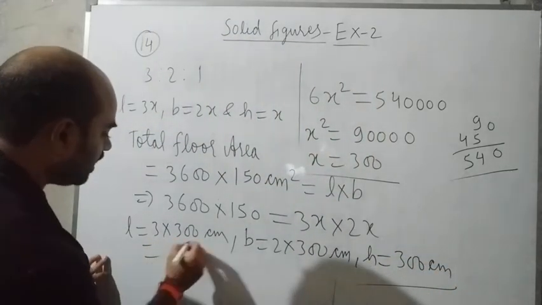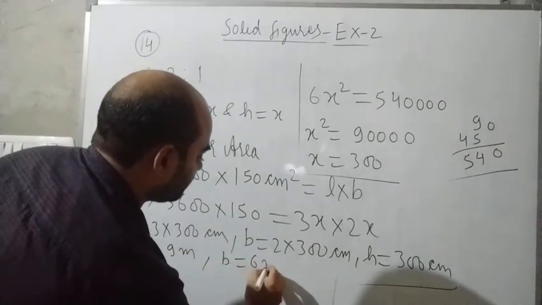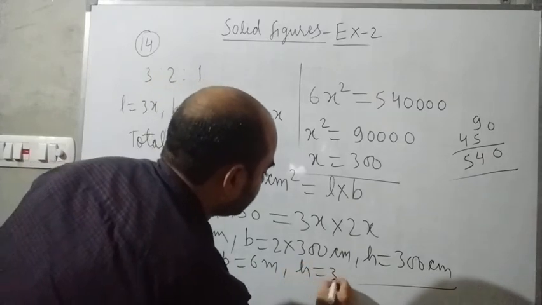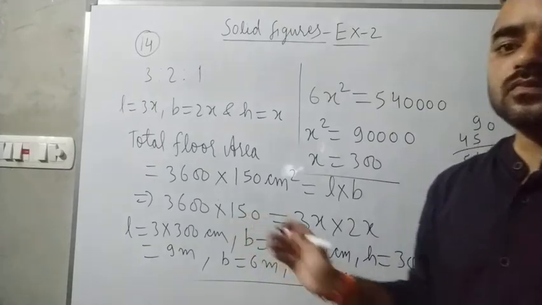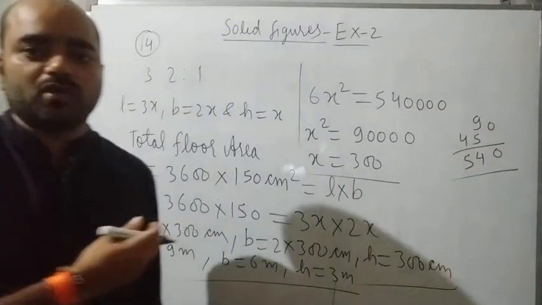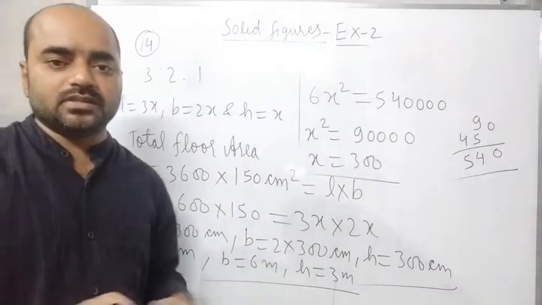This will be 900, that is 9 meter. 600, that is 6 meter. And this will be 3 meter. These are the dimensions of the classroom.